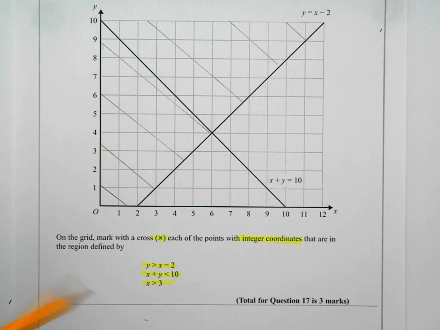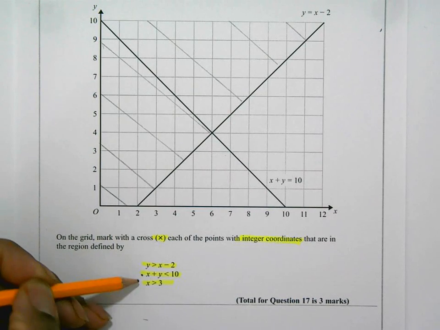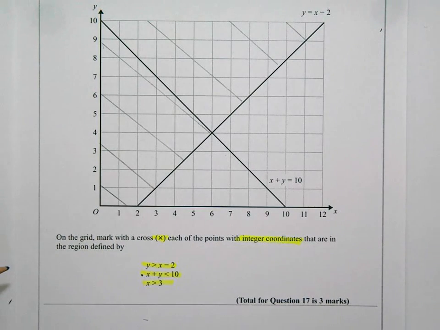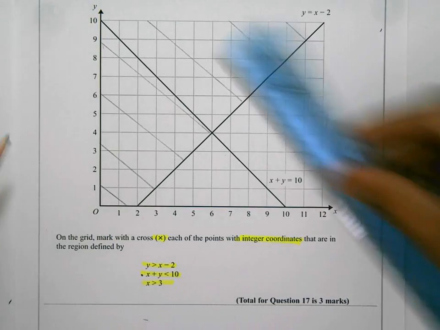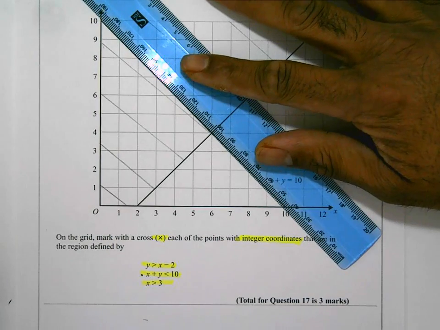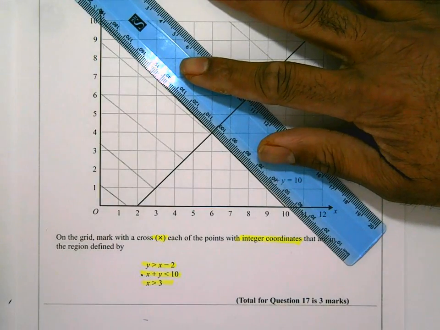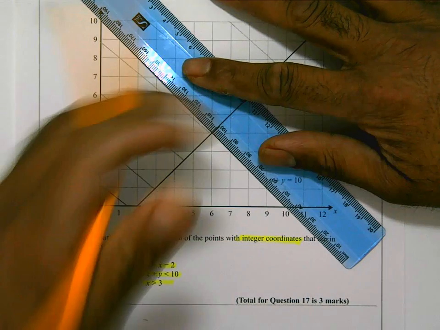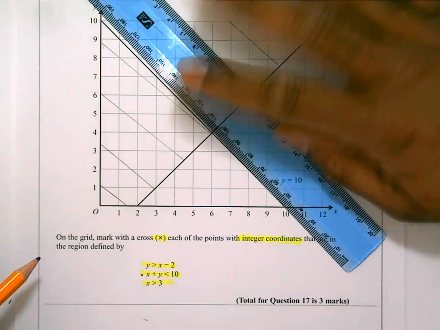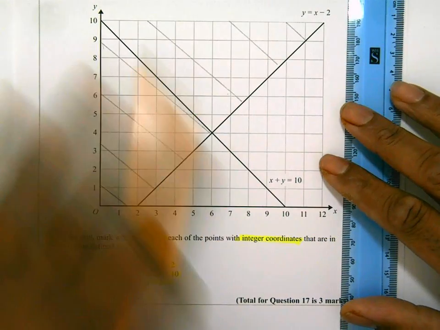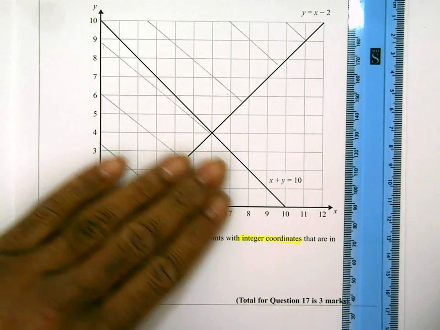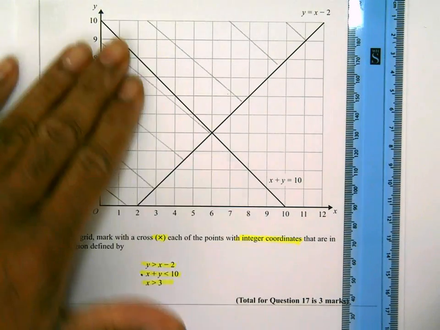If we look at the next line, it says x plus y is less than 10. So there's the line x plus y is equal to 10, and x plus y is less than 10 is everything underneath that graph. So it actually includes all of this space here as well, but it's everything in this region of the graph. And where does that overlap what we've shaded in so far?